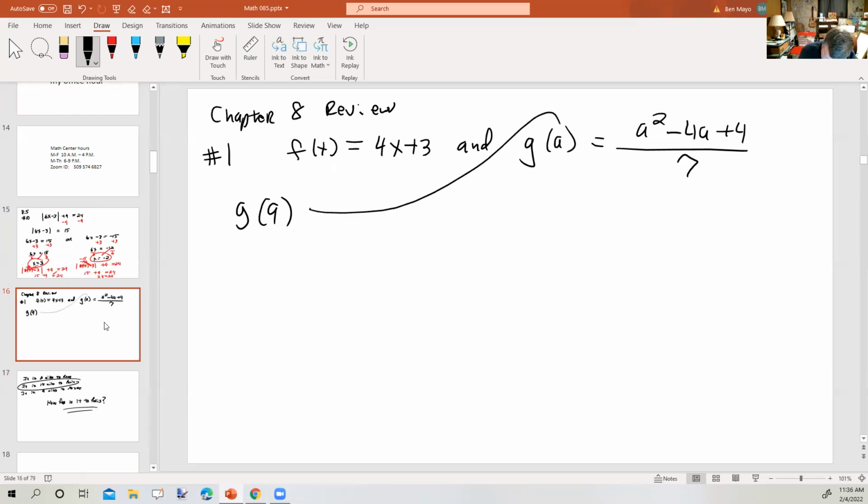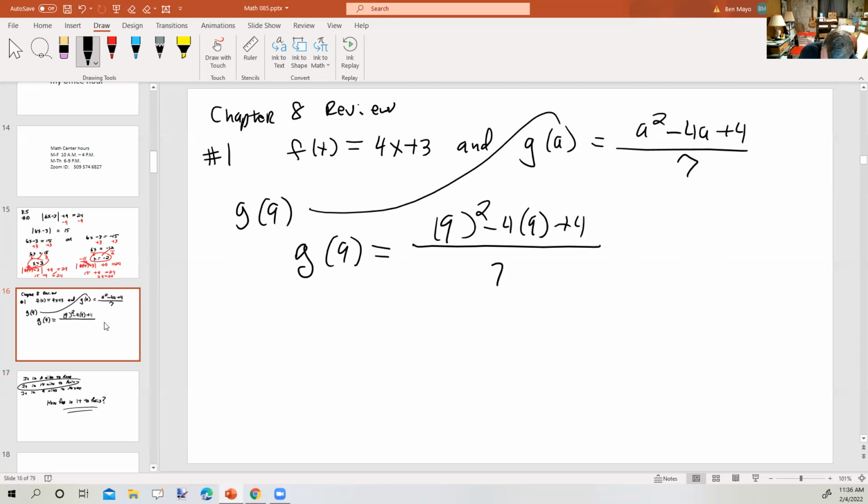So g of 9, we're going to get 9 squared minus 4 times 9 plus 4 all over 7. 9 squared is 81. Minus 4 times 9 is minus 36 plus 4 over 7.